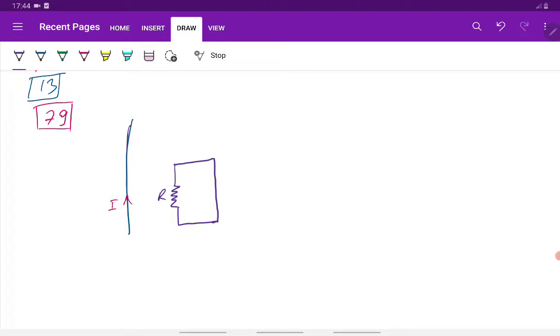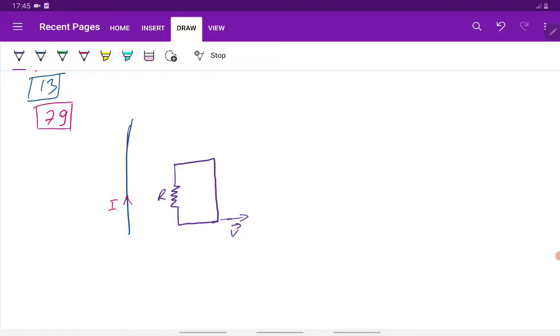So I will state the problem statement. A rectangular circuit containing a resistance R is pulled at a constant velocity away from a long straight wire carrying a current I0. So we will push this wire at velocity V, right?